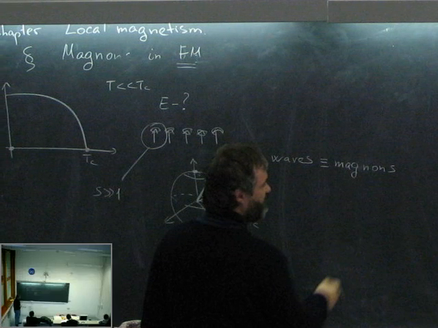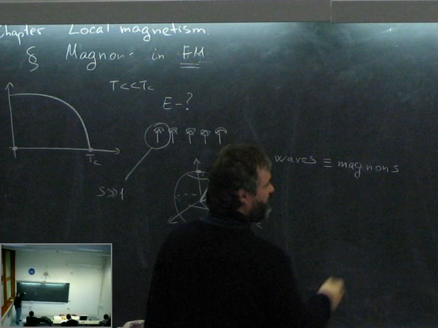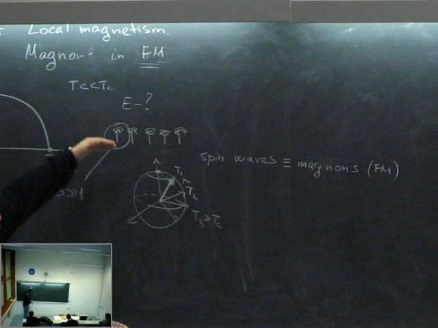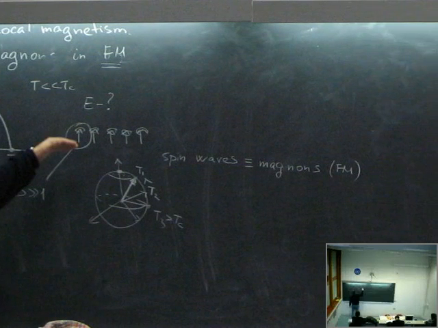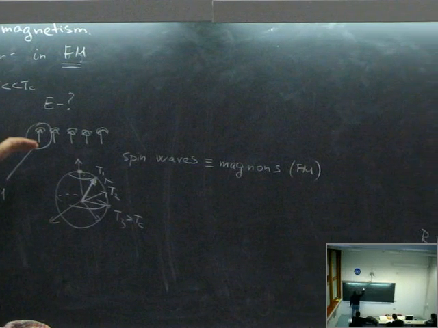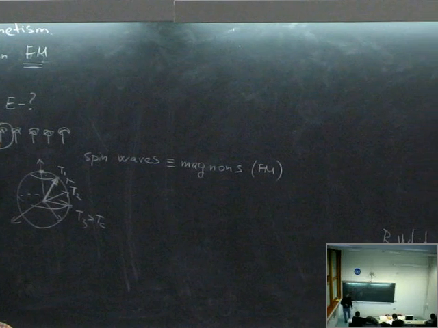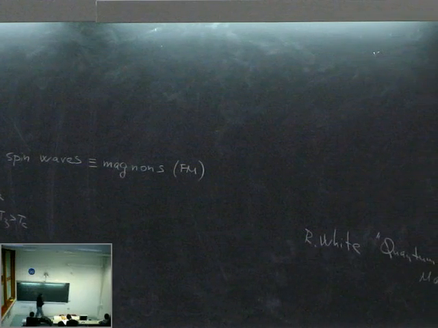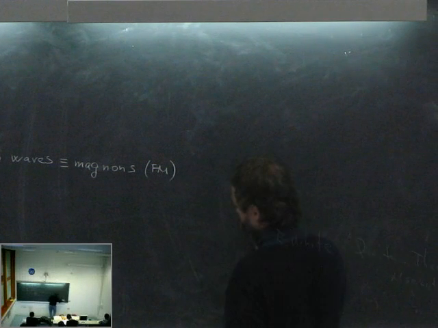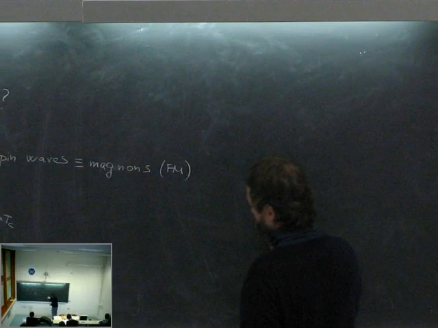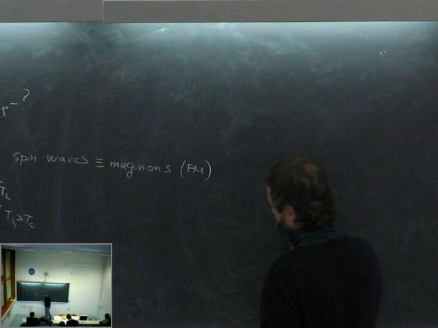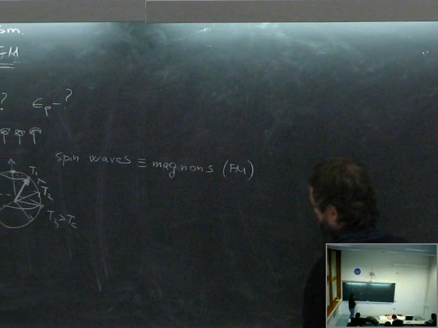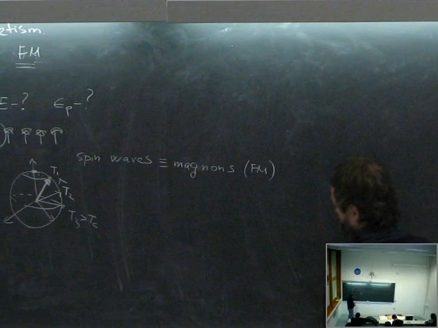And the goal of today's lecture is to arrive at a description of the ground state energy and magnon dispersion as a function of the wave vector. Okay, good. In order to do it, we need to perform some work with the Hamiltonian, and let's start doing that.